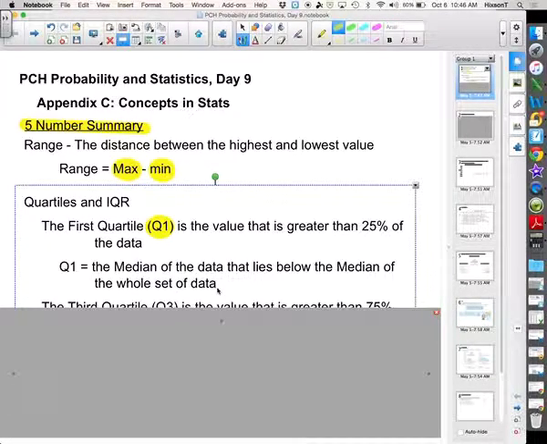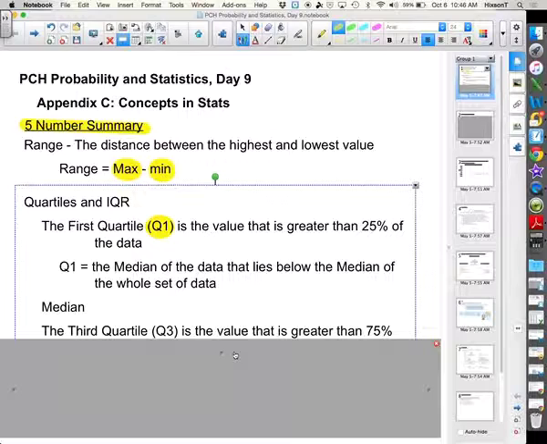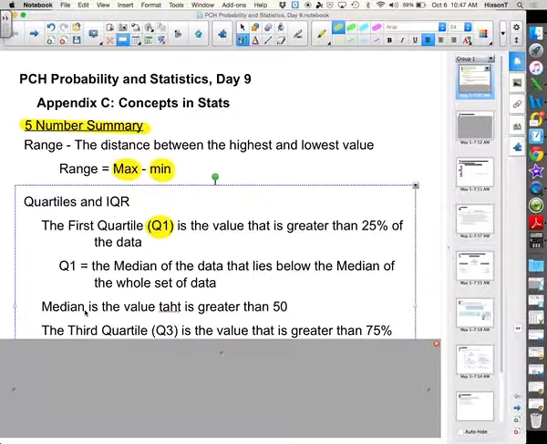I will go ahead and mention we did have the median, which we've already studied, but the median could also be called the second quartile. All right, now we don't refer to it that way usually. But the key here that we want to make sure we understand is this is the value that is greater than 50% of the data.